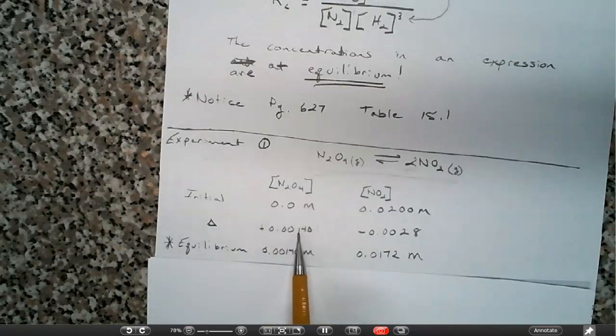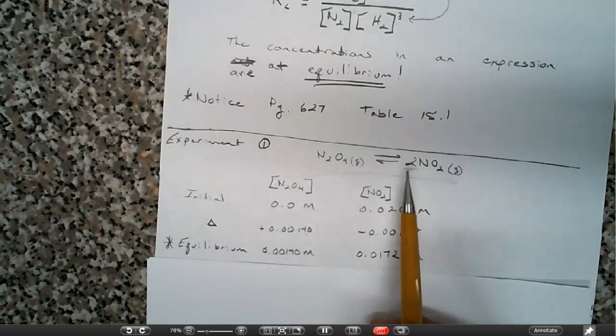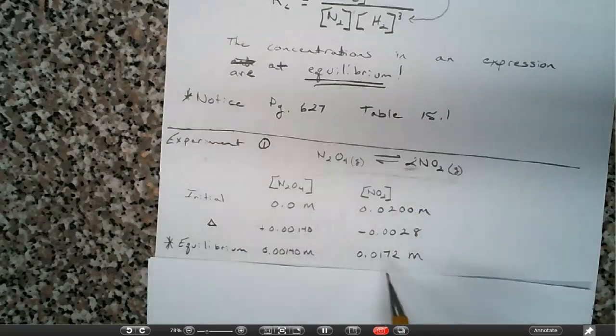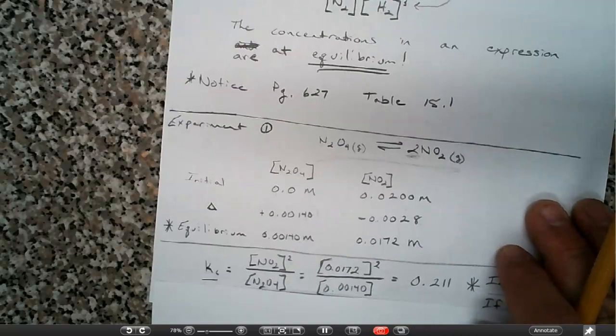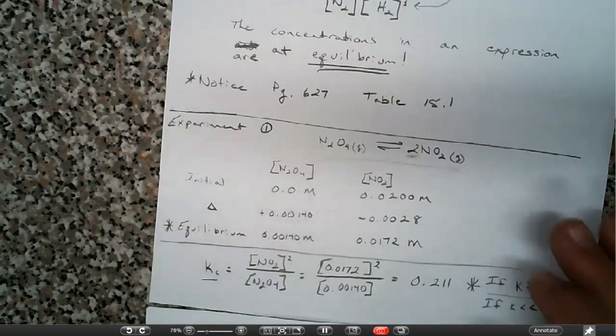So this goes up by 0.0014, and this goes down from 0.02 to 0.0172, which is 0.0028. Notice this is twice as much as the change over here because of the 2. That's how it works out. So these two values, 0.0014 and 0.0172, are the two values that I will place in my expression.